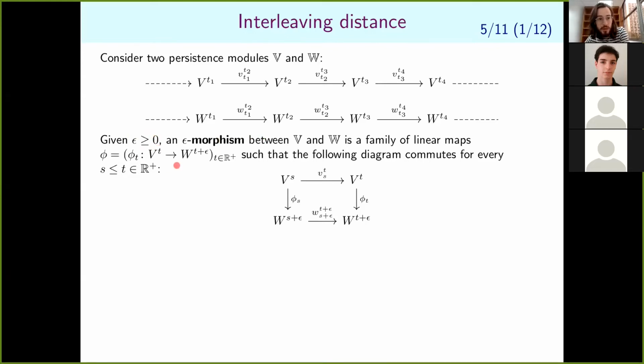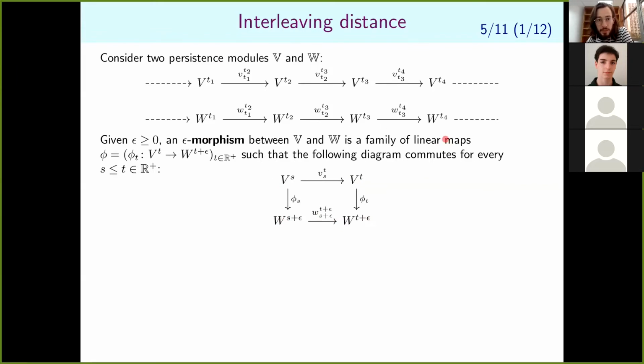An epsilon-morphism is a collection of morphisms phi_t from V_t to W_{t+epsilon}. I do not ask phi_t to go to the same value of t, but a bit later, in W_{t+epsilon}. And moreover, I ask that these diagrams commute.